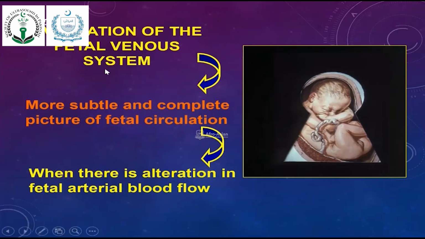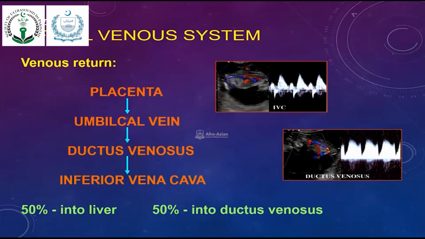comes the evaluation of the fetal venous system for IUGR. It is a more subtle and complete picture of fetal circulation. When there is alteration in arterial blood flow, the venous return goes from the placenta to the umbilical vein, to the ductus venosus, to the inferior vena cava.